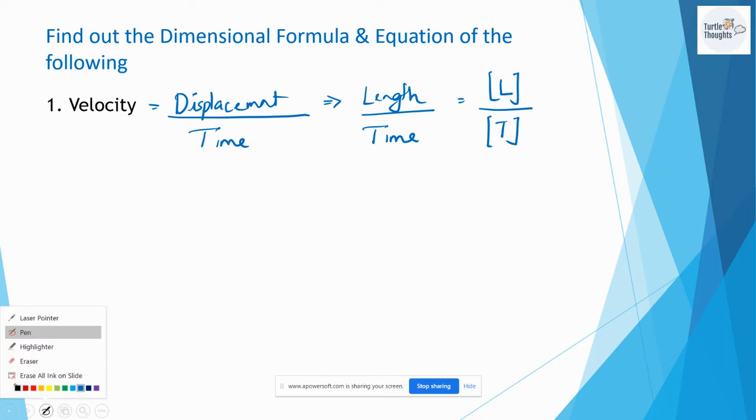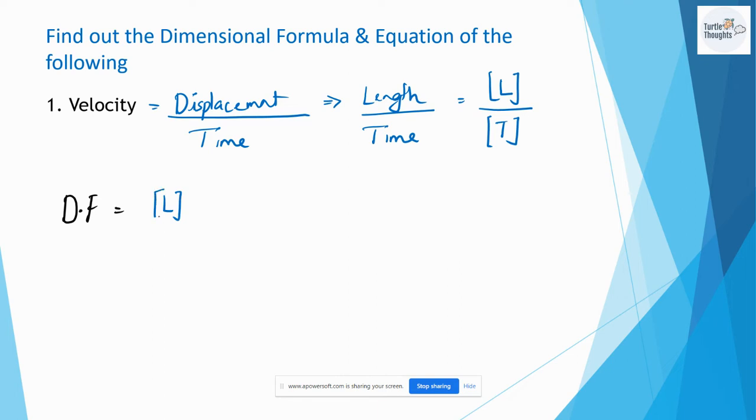So I can write that the dimensional formula for velocity is going to be L divided by T, or I can write this as L T raised to minus 1, or L raised to 1 T raised to minus 1. This is the dimensional formula. What is going to be the dimensional equation?